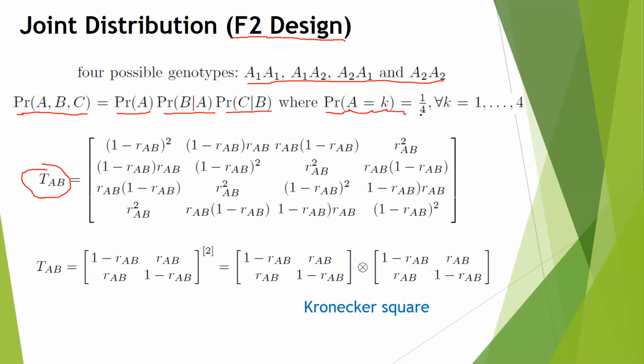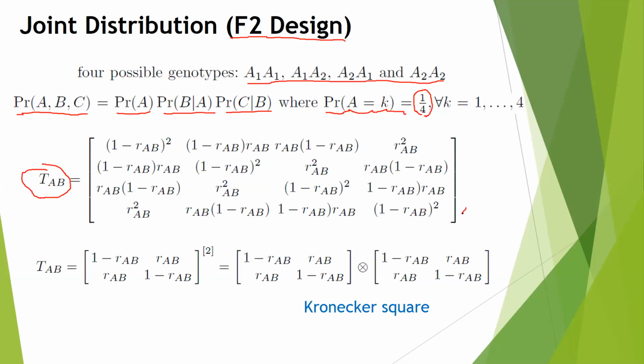In the backcross design, we put a 1/2 in front, because that's the probability of A, right? Either A equals 1 or 2, so the probability should be 1/2. But here, because A can take one of the 4 genotypes, this number should be changed into 1/4. Is that clear? Okay.